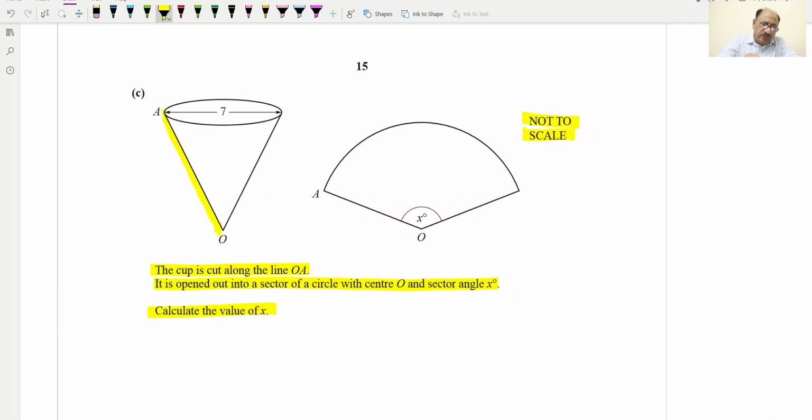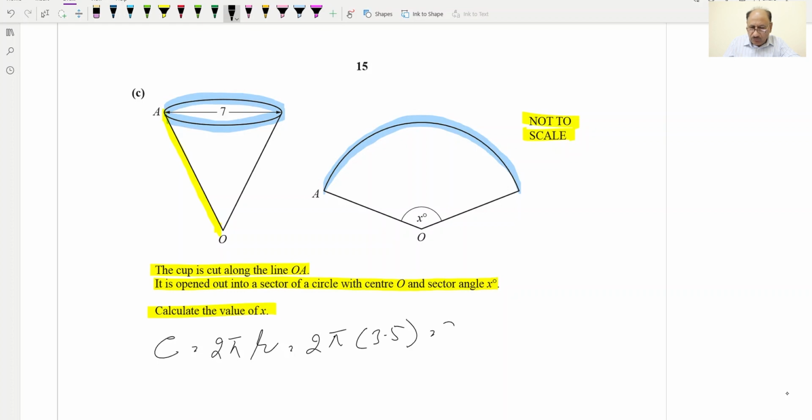Now we need to understand when we cut the cup. So this is basically the circular portion which is changing to this arc portion. So length of this circular portion is same as this one, and length of this we can find by the circumference formula. C is equal to 2 pi r and r is equal to 3.5. So this will be 2 pi times 3.5, which is equal to 7 pi.